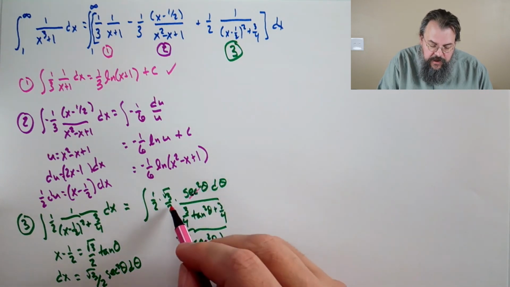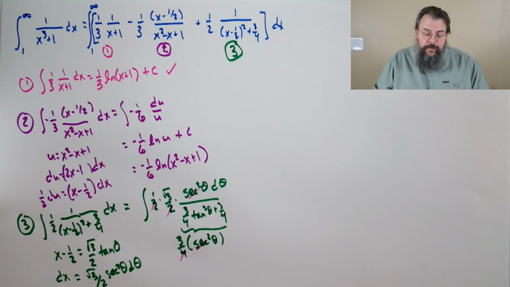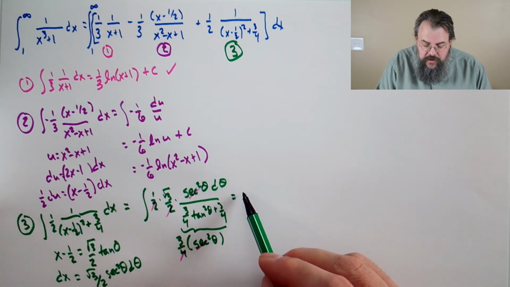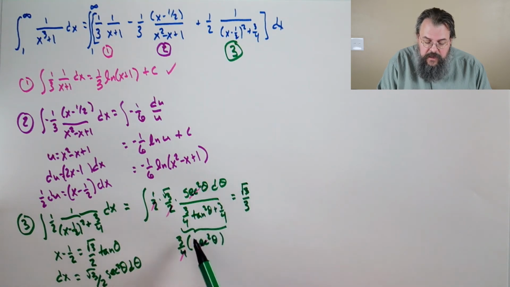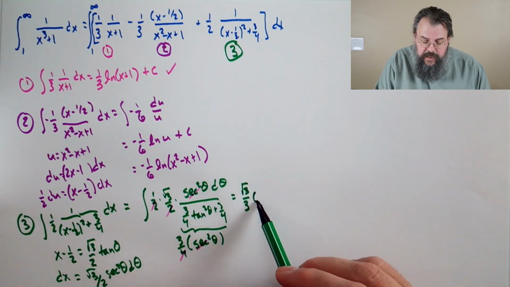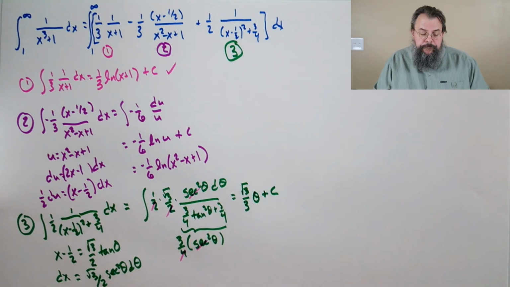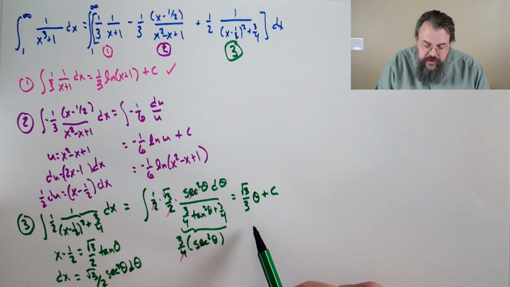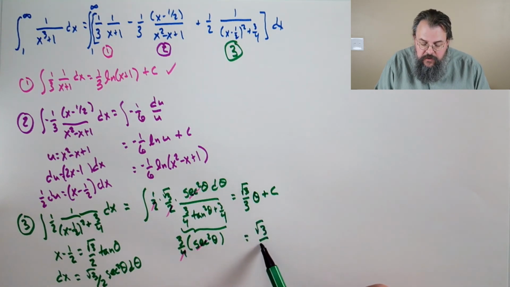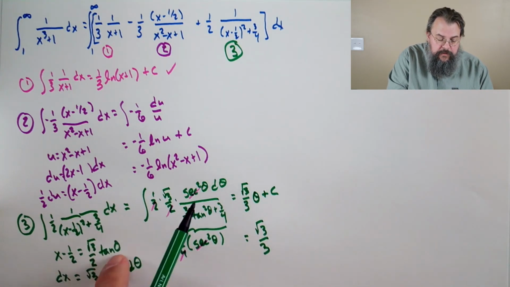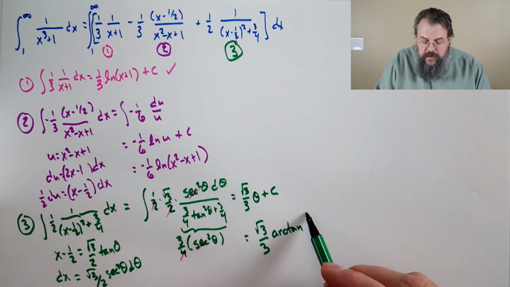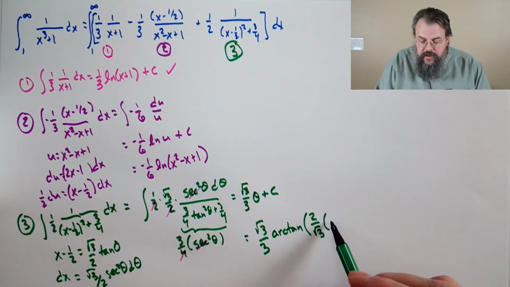We can even get the 4 to cancel with the 2 and the 1/2. And so what we really have is that square root of 3 over 3, and then the integral of d theta, which is theta plus c. Last thing, what is theta? You'd multiply across by 2 over root 3 and take the arctangent. So arctangent of 2 over root 3 times x minus 1/2.